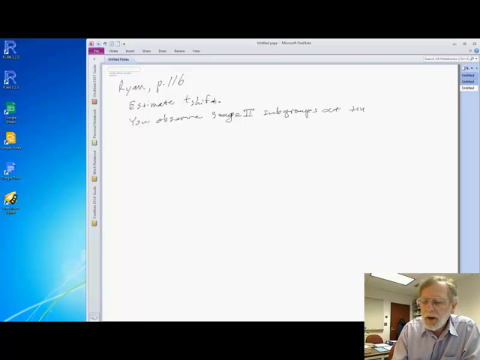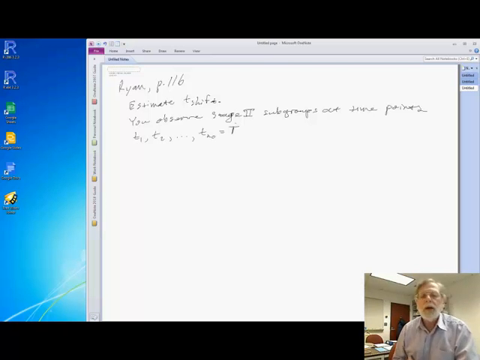At time points T1, T2, up to T sub n0, which Ryan calls uppercase T, this is the time of signal.